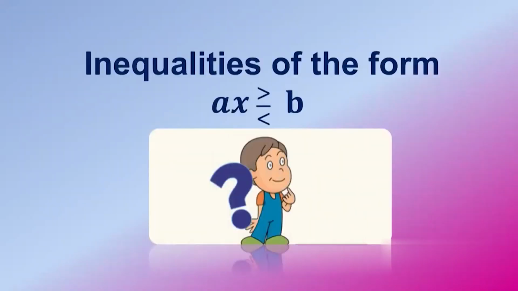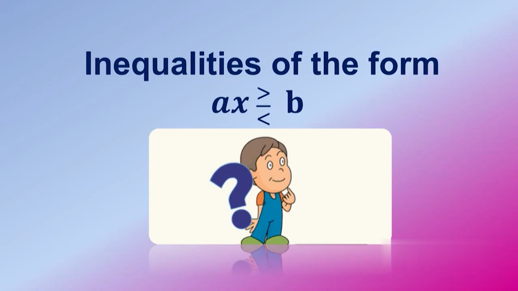Using those facts, you can do the next form. What is the next form? Look at that. Here, you have to learn about inequalities of the form ax is greater than or equal or less than b. Here also a and b are algebraic terms.